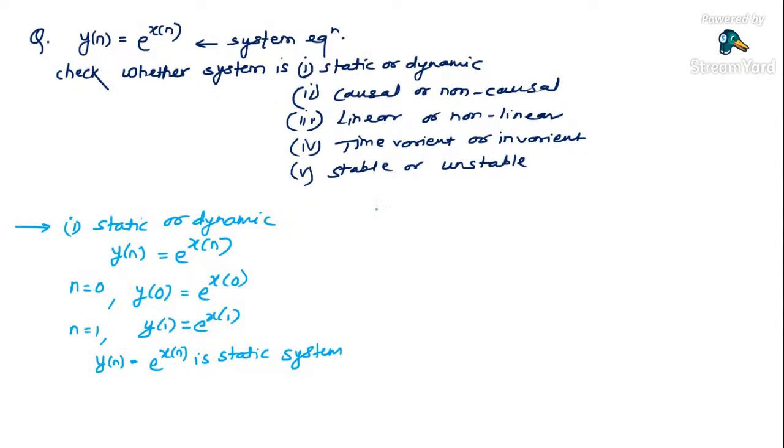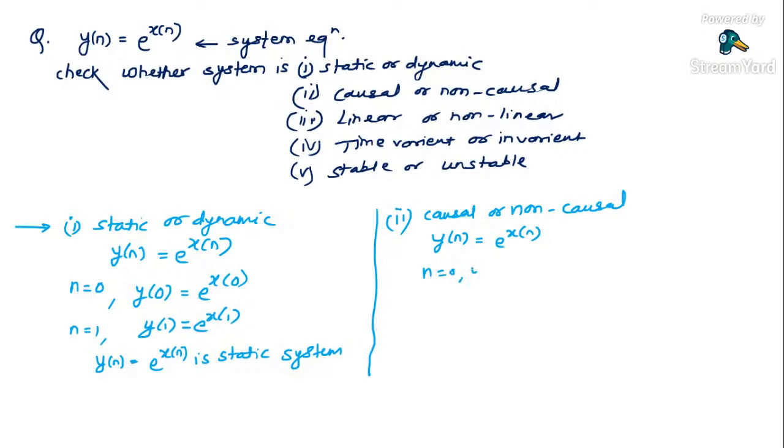Then second, we have to check for causal or non-causal. What is the equation? Y of n is equal to e raised to x of n. Then n is equal to 0, so y of 0 is equal to e raised to x of 0. For n is equal to 1, y of 1 is equal to e raised to x of 1.